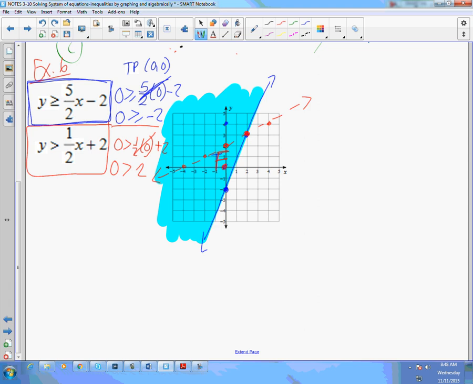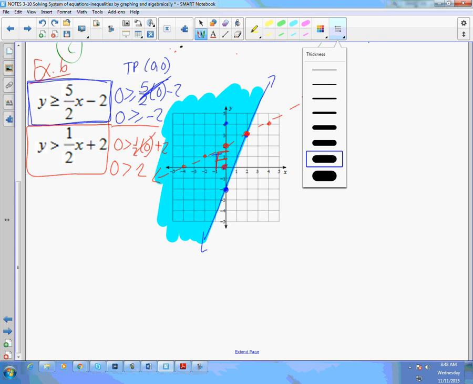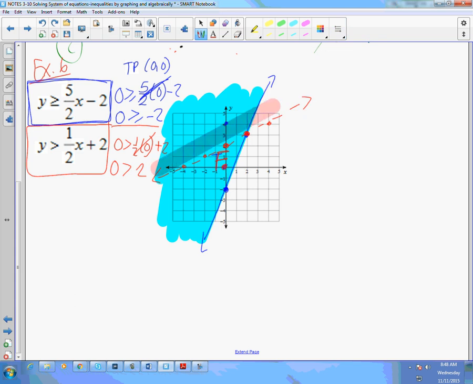Where is the true area that we should shade? Above. So always shade the true area. So above, shade it lightly all the way through. The 2 lines intersecting, we have 4 sections.